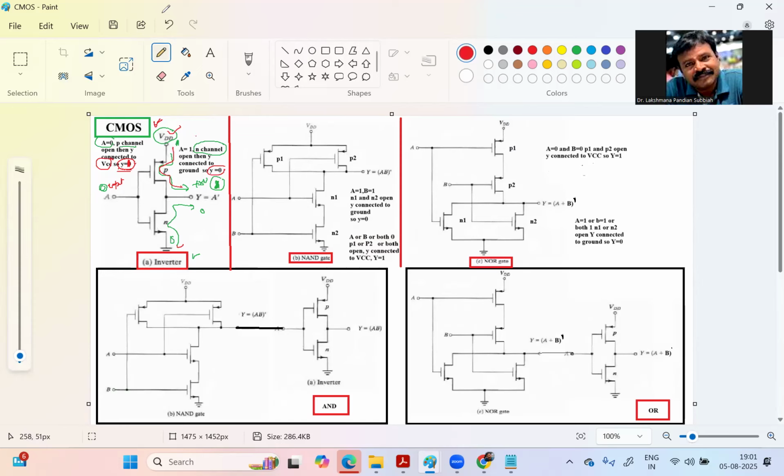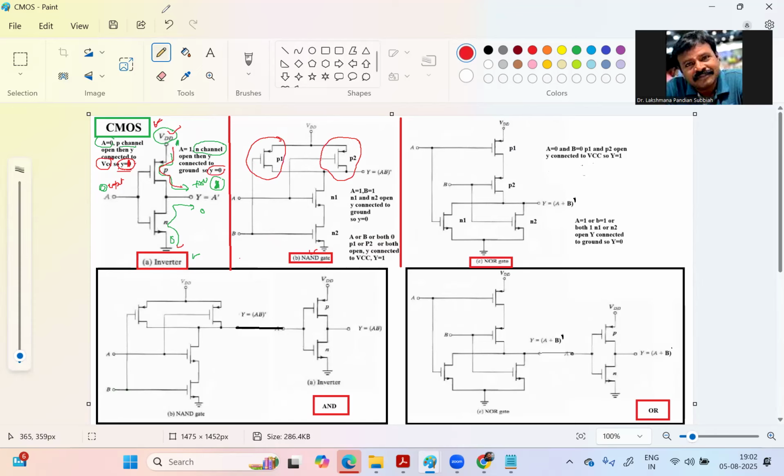Now for the NAND gate, how do you do that? We have to connect two P channel devices in parallel. Now here we are having NAND.